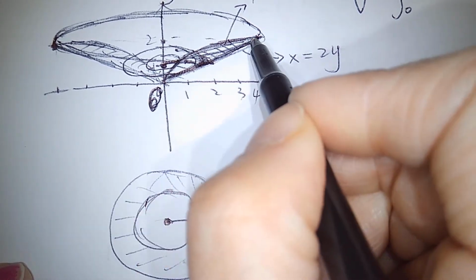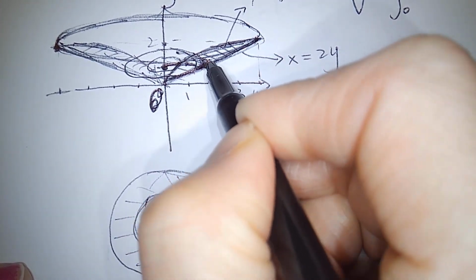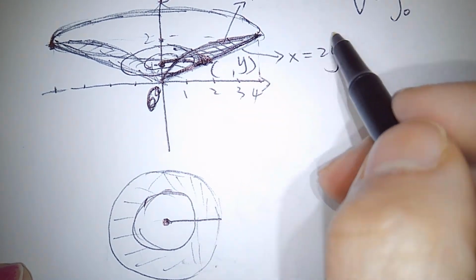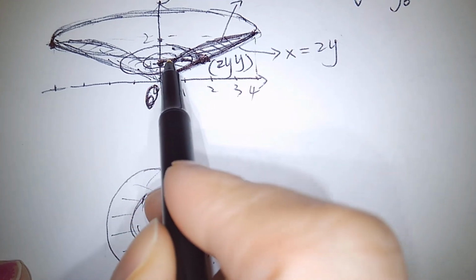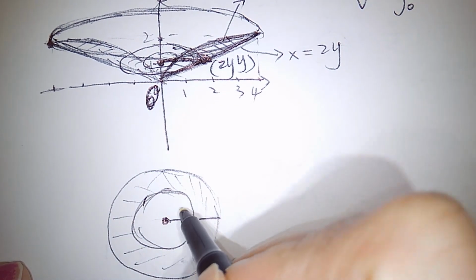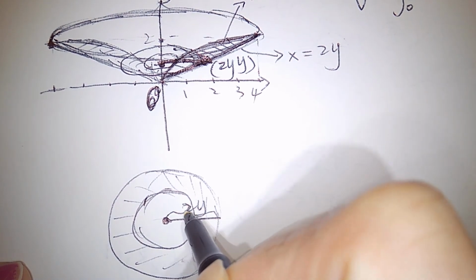This streamline, the outer one. So when y equals y, what is the coordinate for this point? When y equals y, x equals what? 2y, right? So the outer radius is 2y.